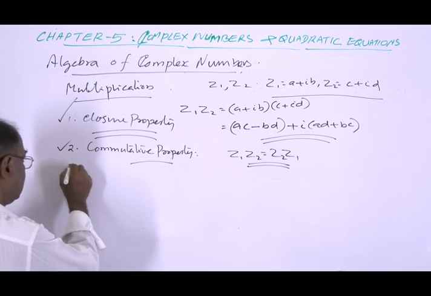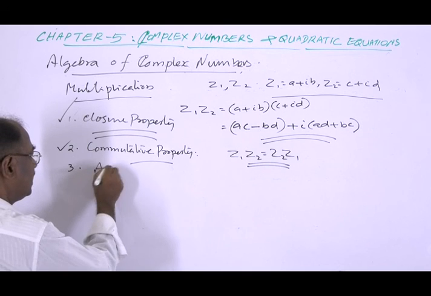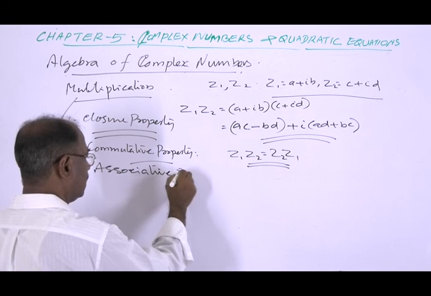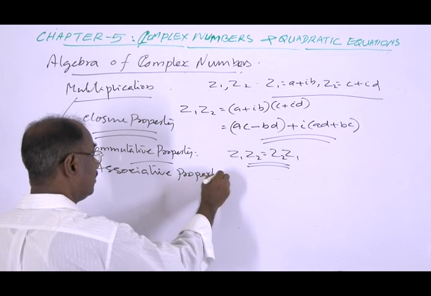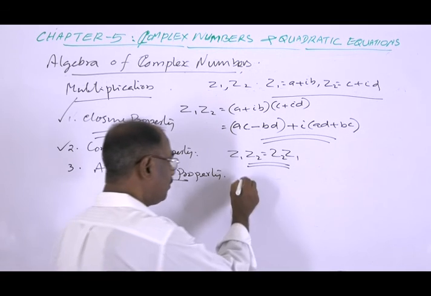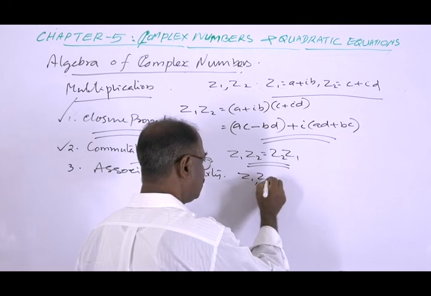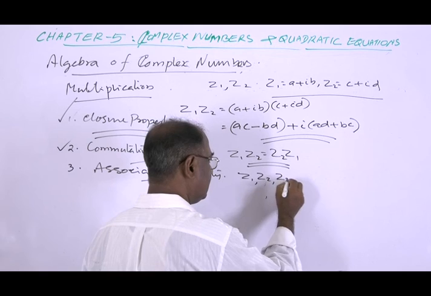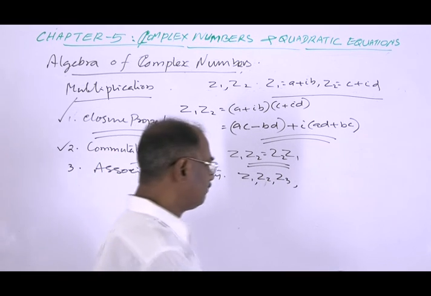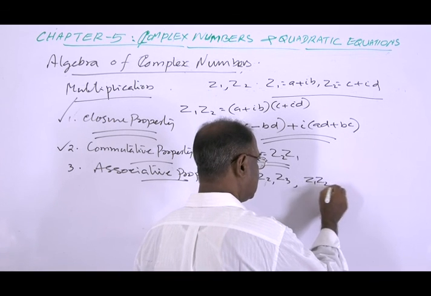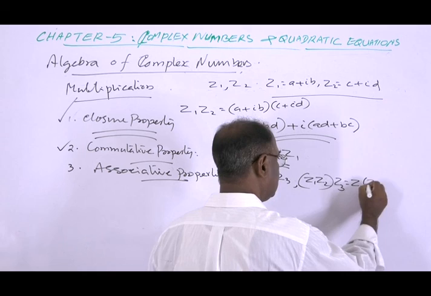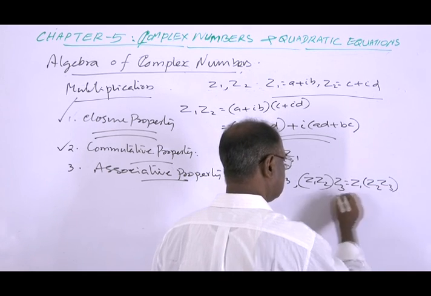And then the third one, associative property. For any three complex numbers Z1, Z2 and Z3, we can verify easily that (Z1 Z2) into Z3 is equal to Z1 into (Z2 Z3).